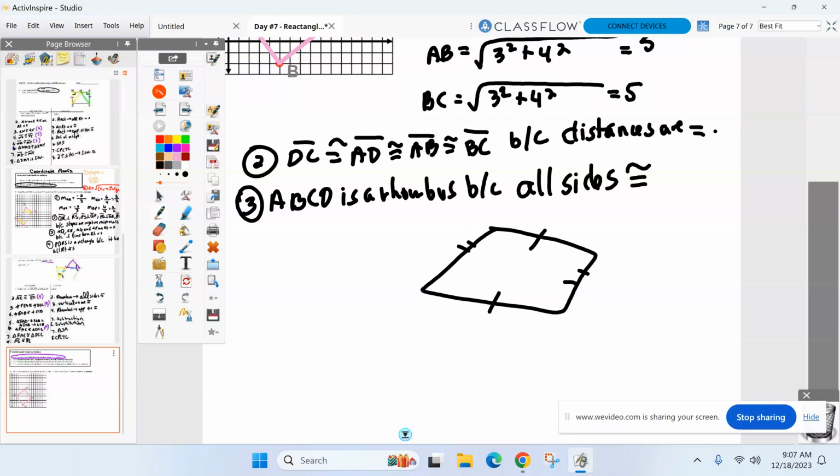Well, maybe I don't like distance. Maybe I'm a slope person. So if you're a slope person, how could you prove this a parallelogram if you just wanted to use slope and no distances? Show opposite sides parallel. Yep. So you make that decision tonight what you're most comfortable with. Opposite sides parallel slopes or opposite sides congruent distances. All right, good job.